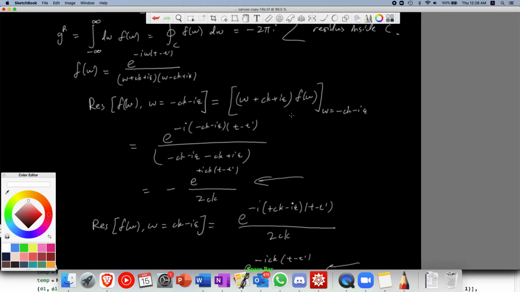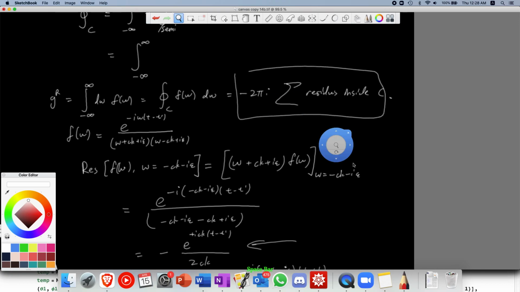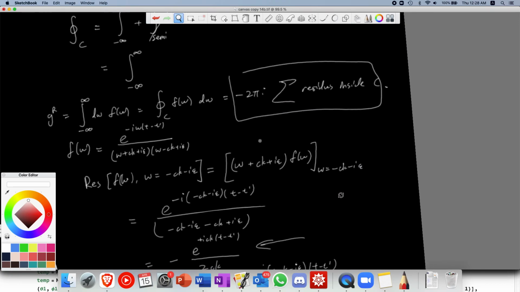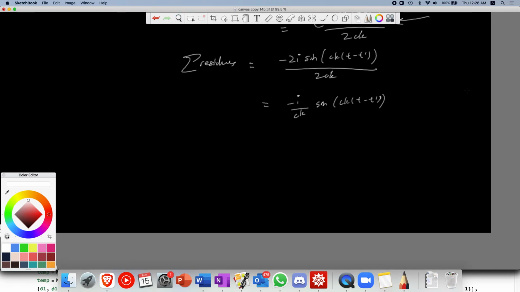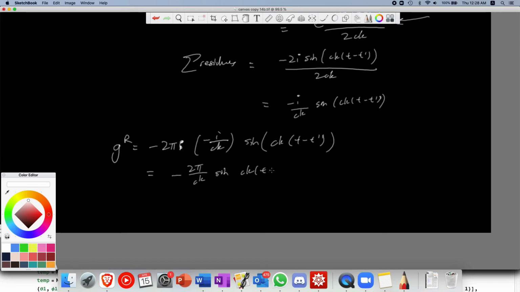Now we plug it back into our formula here. We multiply it by minus 2 pi i. So now we have the end result, which equals minus 2 pi i times minus i over ck sine of ck t minus t prime, which equals minus 2 pi over ck sine of ck t minus t prime.